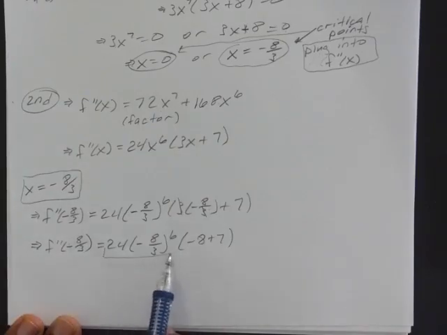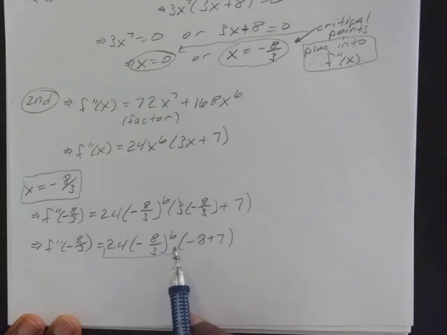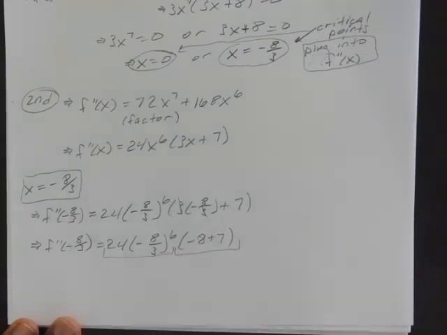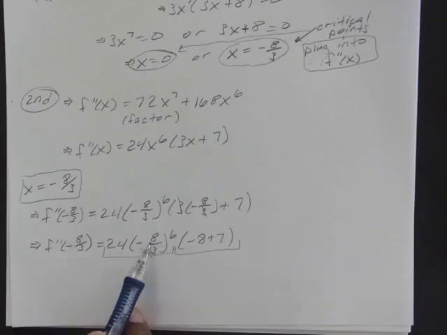We can see here we have two factors being multiplied to each other. If you take a negative number and raise it to an even exponent, it's going to come out to be positive. So negative 8 over 3 to the 6th power is going to be some positive number.